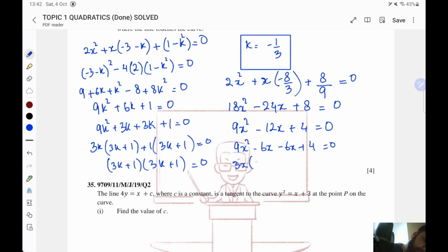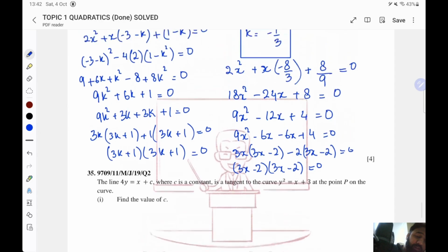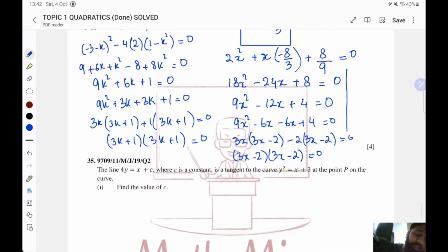So 3x is common. So you will have 3x − 2 inside. So the two brackets will be (3x − 2)(3x − 2). So the value of x that we will find from here will be 2/3.